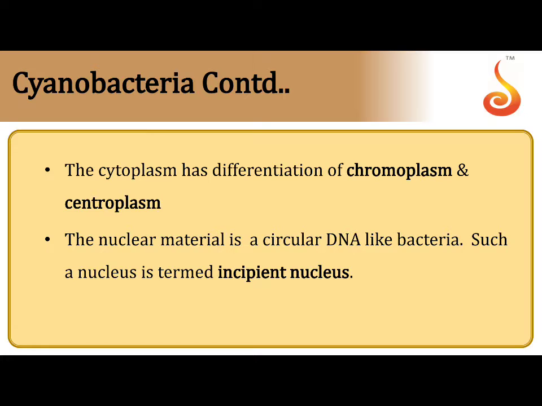So I have a picture to show you the same. As the point says, the cytoplasm of cyanobacteria has differentiation of chromoplasm and centroplasm. The word chromo always means a color, a pigment.